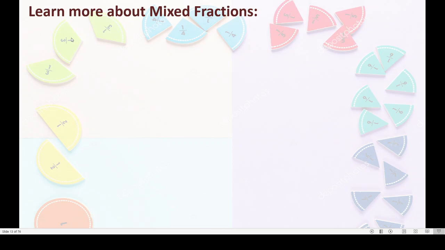Learn more about mixed fractions. Yes, you can see 1 whole apple and this is a quarter. You know this, correct? 1 whole, we will write 1 whole. And how to write the quarter part? 1 quarter, that is nothing but 1 upon 4. You know this, correct? Already we have learned about this quarter part.